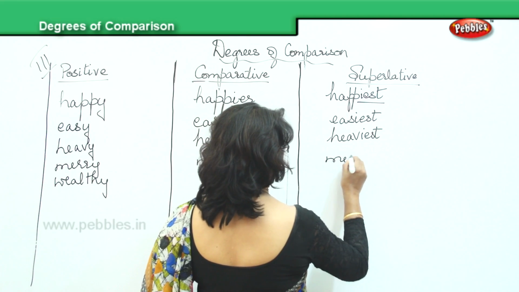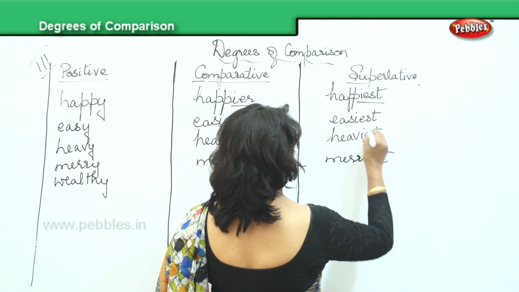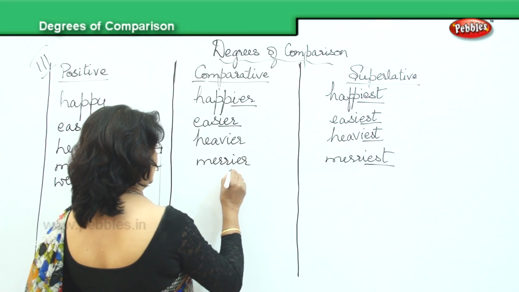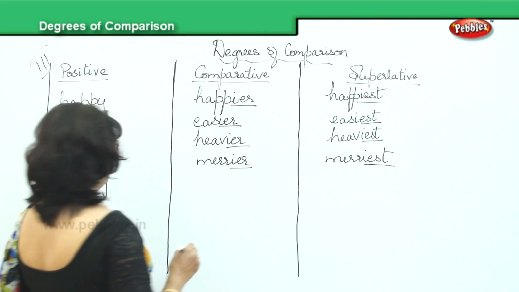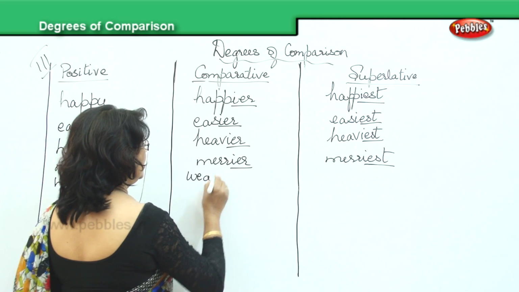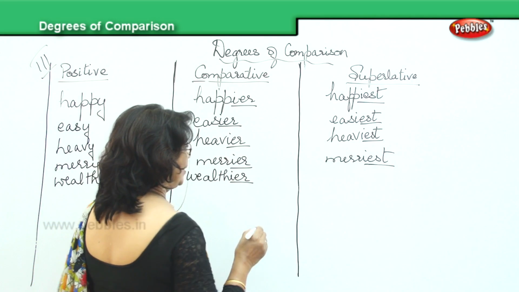And merriest. Next one, wealthy, wealthier, wealthiest.